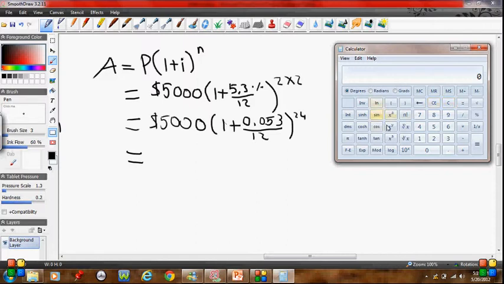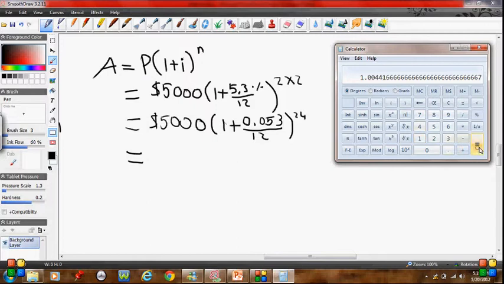So you have 1.0, oh sorry, let me just do that again. So you have 0.053 divided by 12 equals that, plus 1.